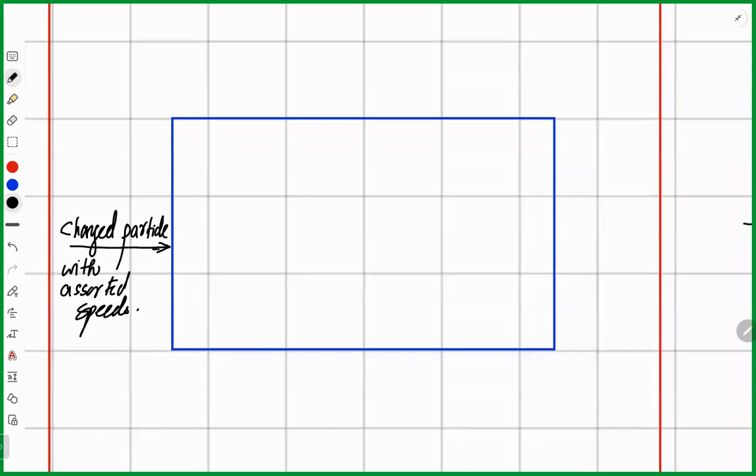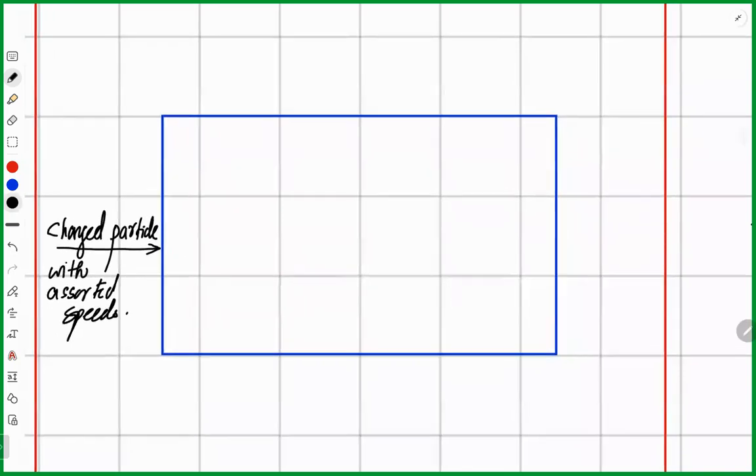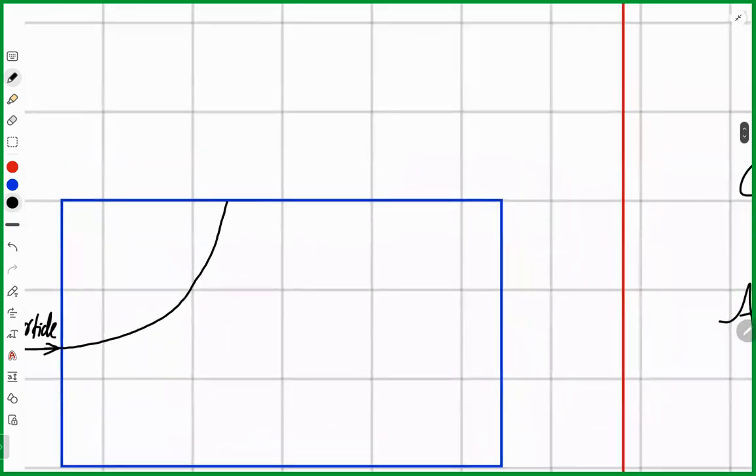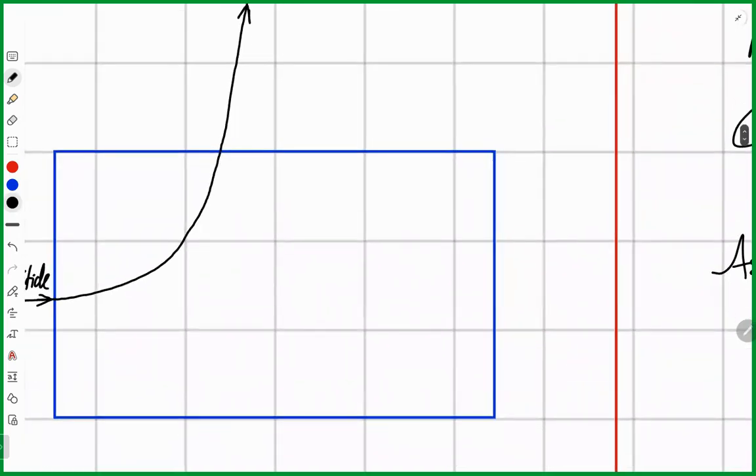charged particles will come in, and because they do not have the same speed, some of them will bend in a circular way like this, and when they go out of the magnetic field, they again continue on a straight line. Some go like this.